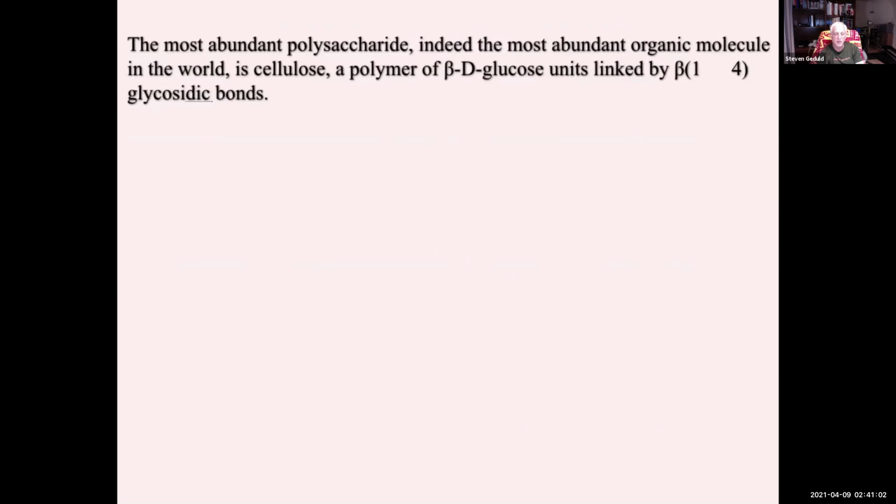The most abundant polysaccharide, indeed the most abundant organic molecule in the world, is cellulose. It's beta-D-glucose units linked by a beta 1,4 glycosidic bond. That is the most common polysaccharide in the world.